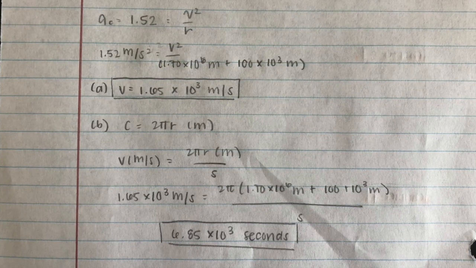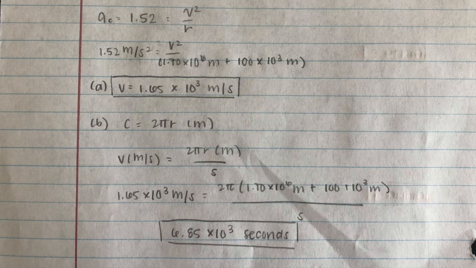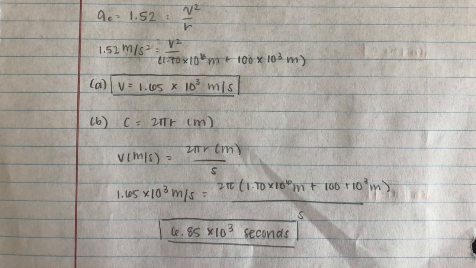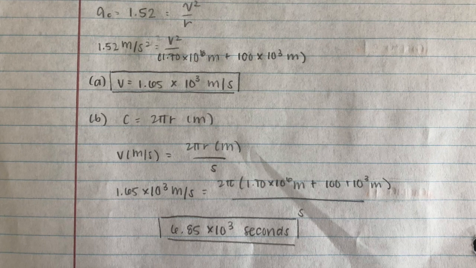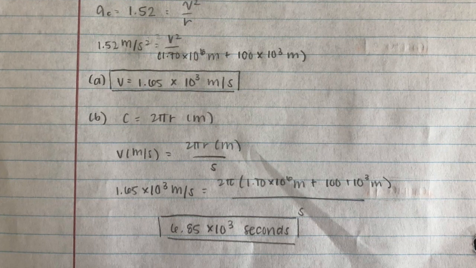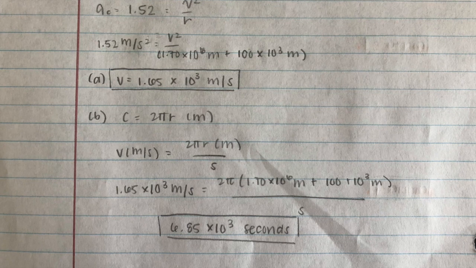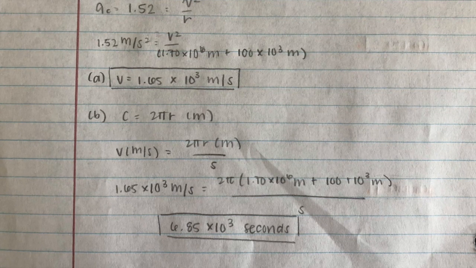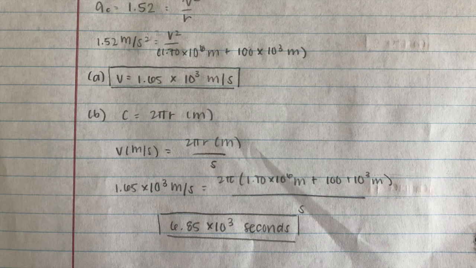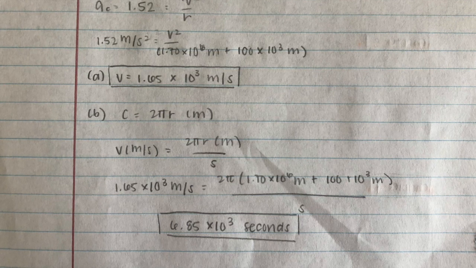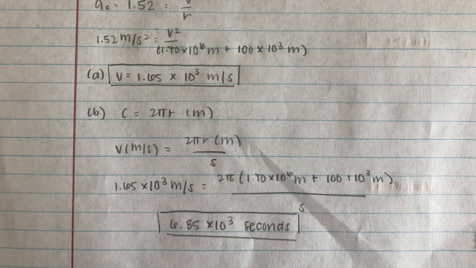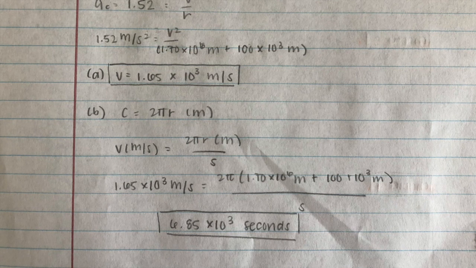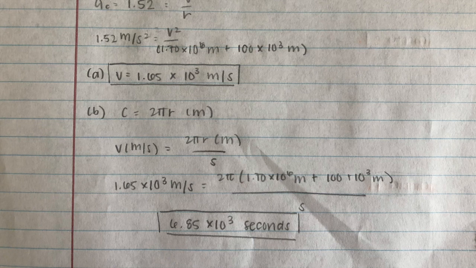Since we now know the orbital speed, in meters per second, and since we just calculated the circumference in meters, we're able to plug both of those numbers in to calculate the number of seconds it takes to travel the circumference. Once we plug in all of those numbers, the period of the orbit is 6.85 times 10 to the third seconds.